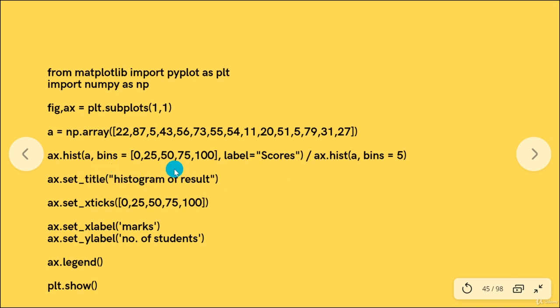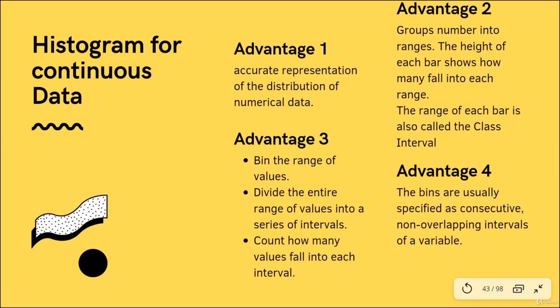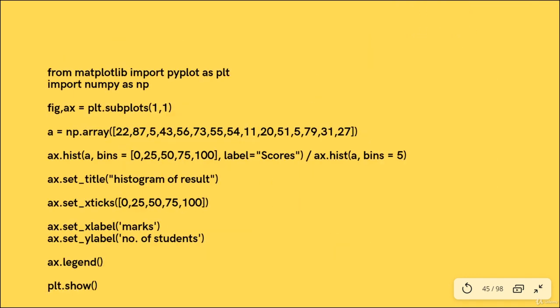Now I am specifying how I want my bins to be designed. I told you, what is a bin? A bin is dividing the entire range of values into a series of intervals. So either you tell the function how you want to define these intervals, or the function will take it itself, your choice. Then if you want to put labels, you can put labels as well. If you don't want to put the label, you can simply specify the variable and the bins.